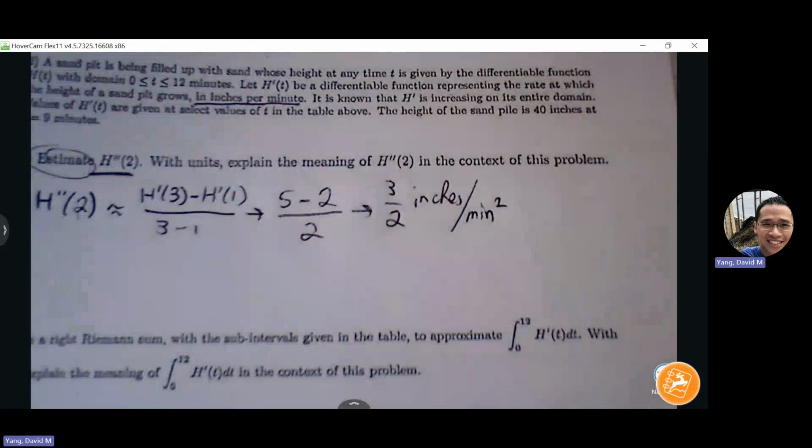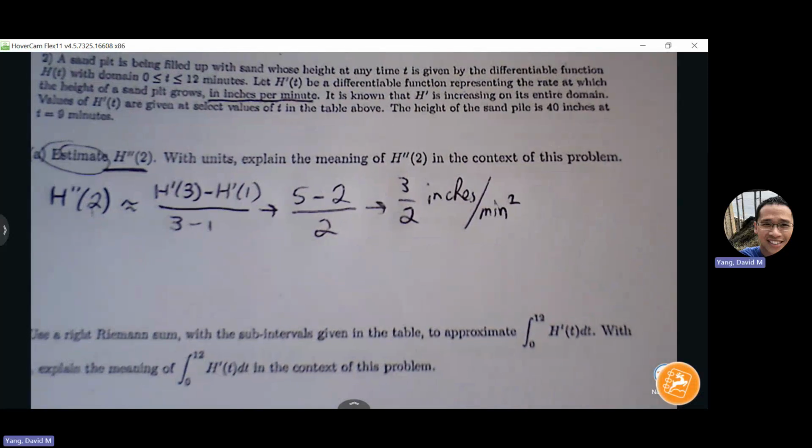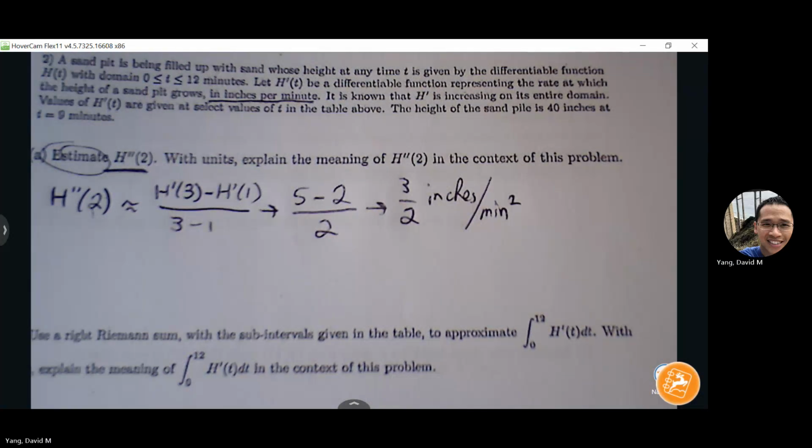Now, in the context of this problem, what is that information telling us about what's happening? Say again? The rate at which it's being filled is increasing. There we go.